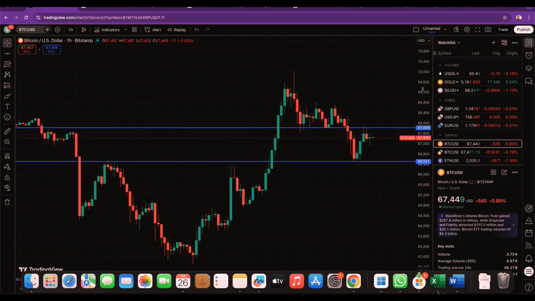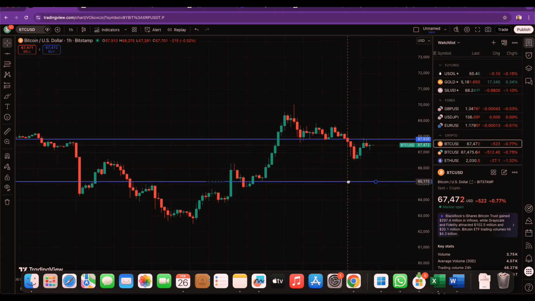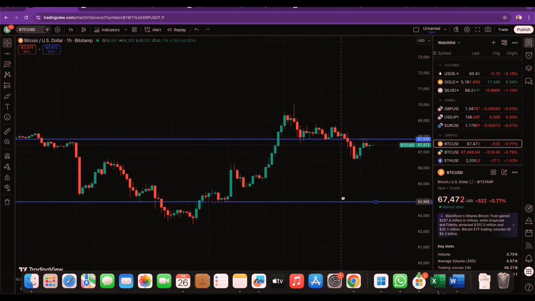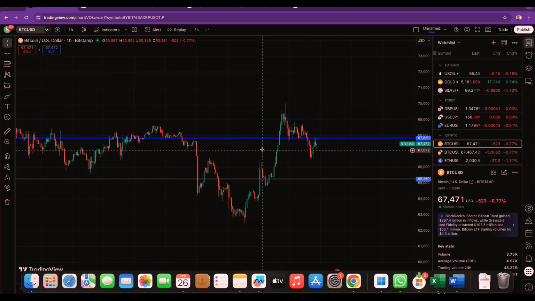But you should understand that when there is a break here, we are going to hit the next fair value gap here. There's a fair value gap here. If there is a break on this, then the next may be this, and then finally here. So identifying support and resistance helps you to understand when to take the trade and when to exit the trade.